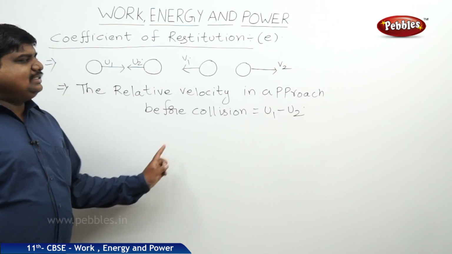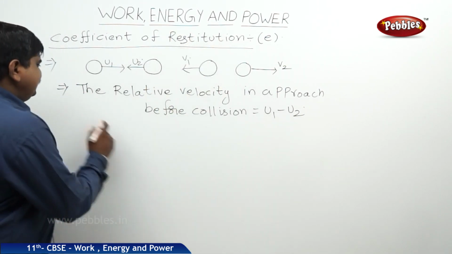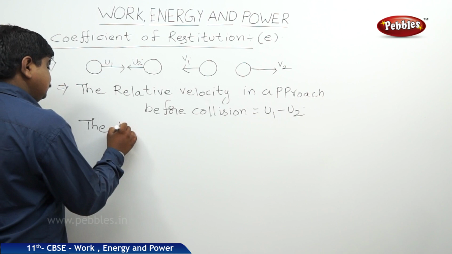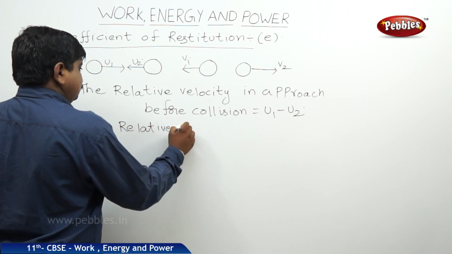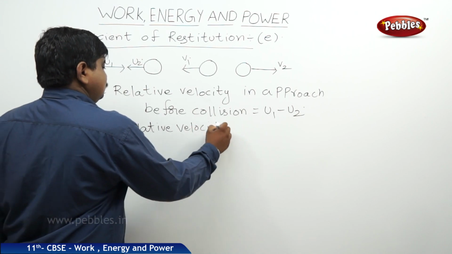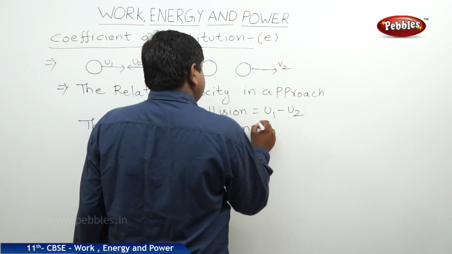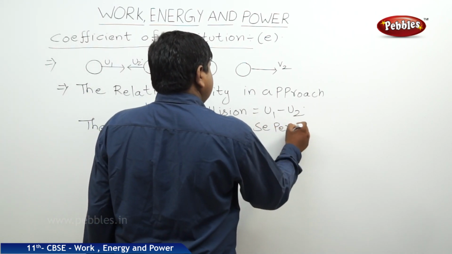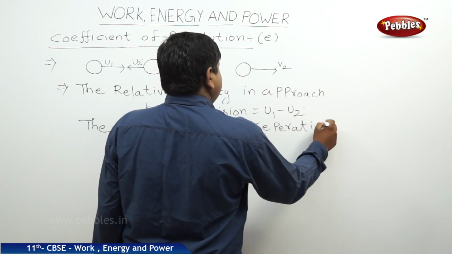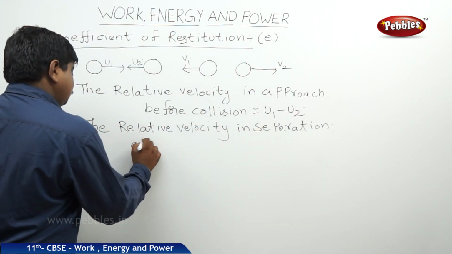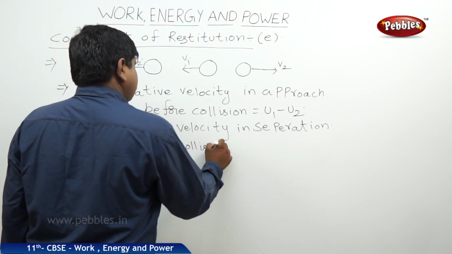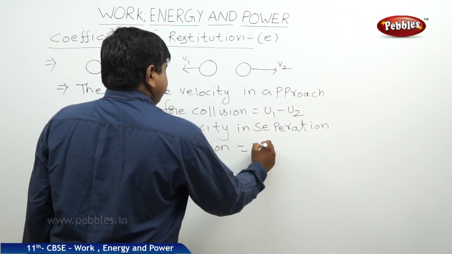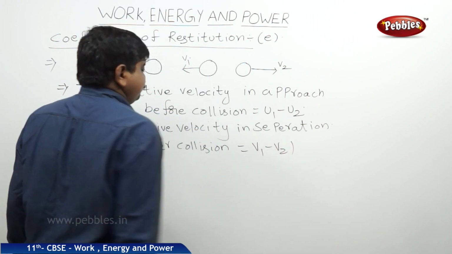The relative velocity in separation after the collision is v1 minus v2.